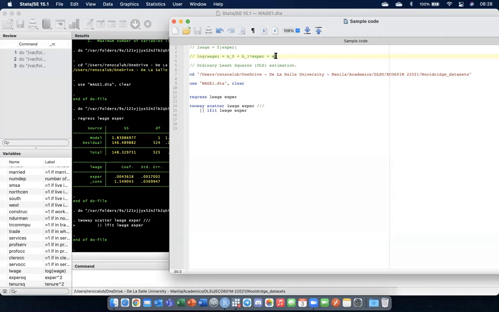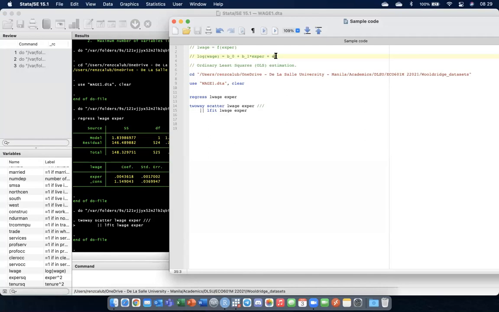So if experience is in any way related to any of those unobserved factors, then beta 1 will capture not only the effect of experience, it will also capture the effect of all the other unobserved factors. Hence the term confounding, right? It's as if your parameter beta 1 is sort of confounded, in the sense that there are other factors that could be affecting experience, and this will have an impact on beta 1.